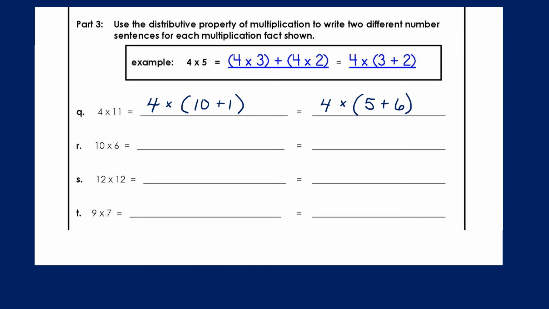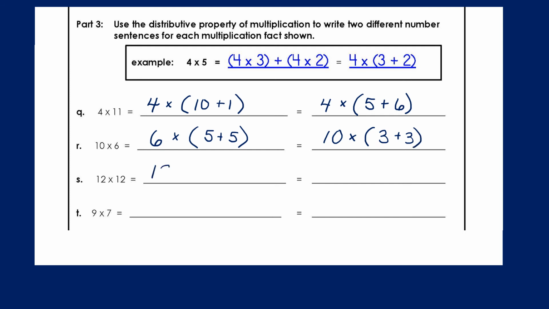These are just examples. Here we could do 6 times 5 plus 5. We could do 10 times 3 plus 3.